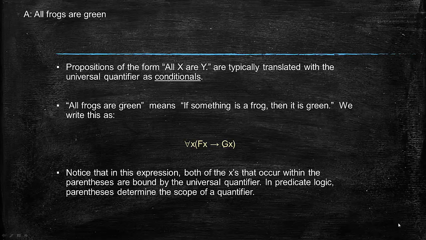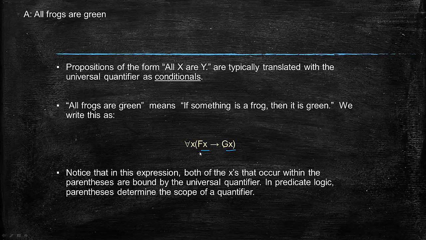Now you'll notice that in this expression, both of the x's that occur within the parentheses are bound by the universal quantifier. There's no limit on the number of variables, which all have to be x's in this case, that can be bound by a quantifier.